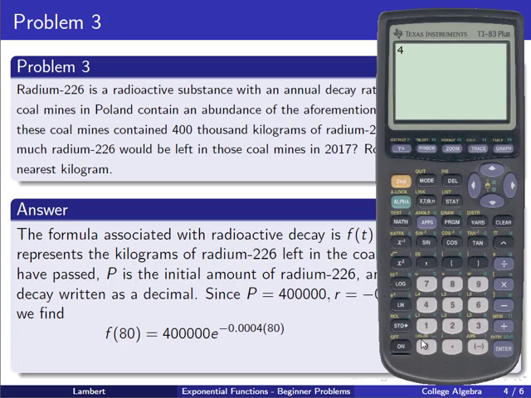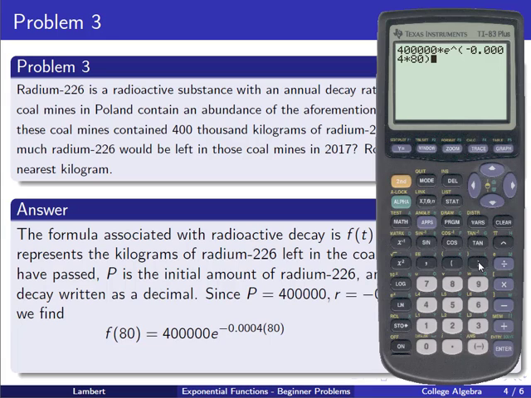We just plug in 400,000 times, now E is right above the natural log button. So in order to do that, we'll hit second, and then the natural log brings that E up in our calculator right here. And we just hit negative. Notice we're hitting the negative symbol rather than the minus symbol. 0.0004 times 80.